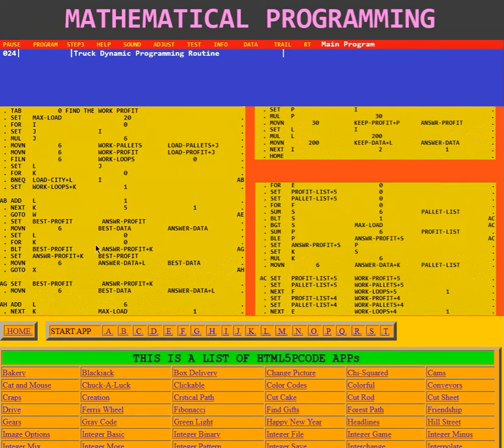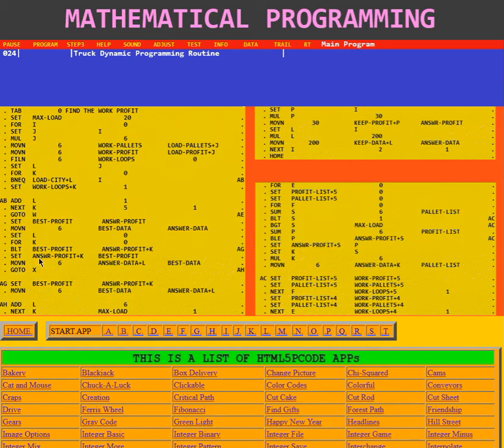So here we have a loop that says, for K of 0 all the way to the maximum load, it's going to say if the previous number of pallets was a better answer, use that one. So it says, branch if the best profit is less than the profit that we're looking at right now, go to AG and say, well, that's a better one.